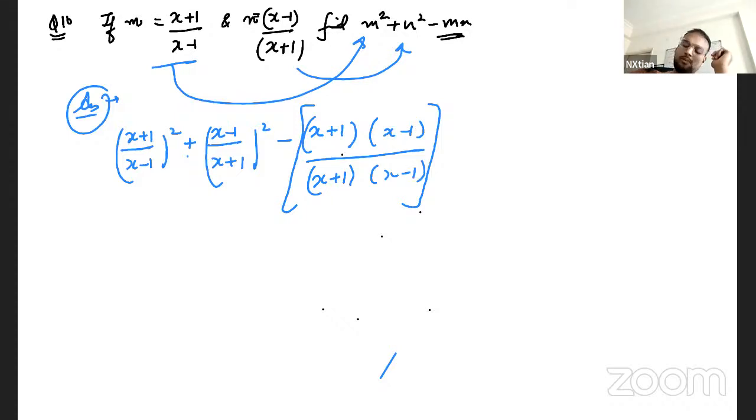Simple. You have to solve this. First of all, you have to solve this one. It will become x square.